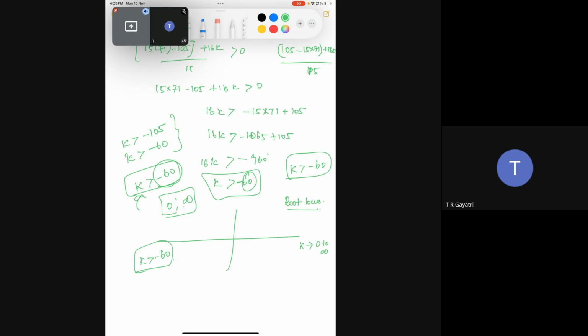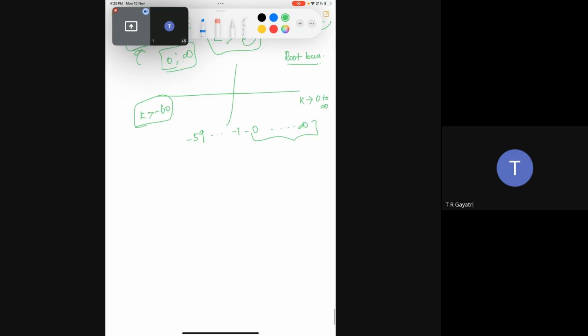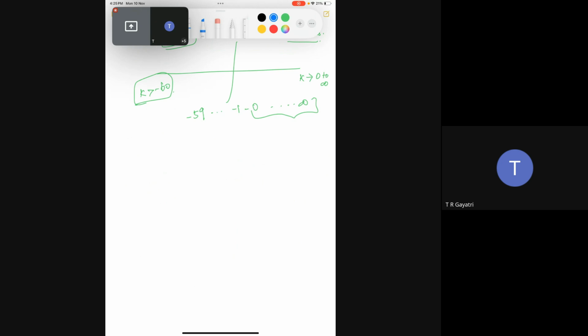For all values greater than minus 60 up to infinity, it will be stable. It is true only. So we have to bother about 0 to infinity for root locus, because in root locus you won't change k from minus infinity to 0.